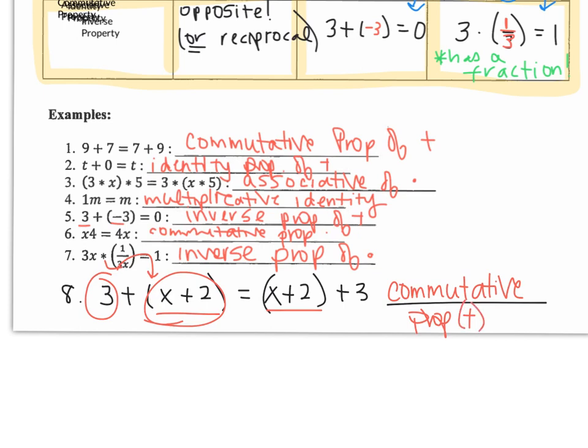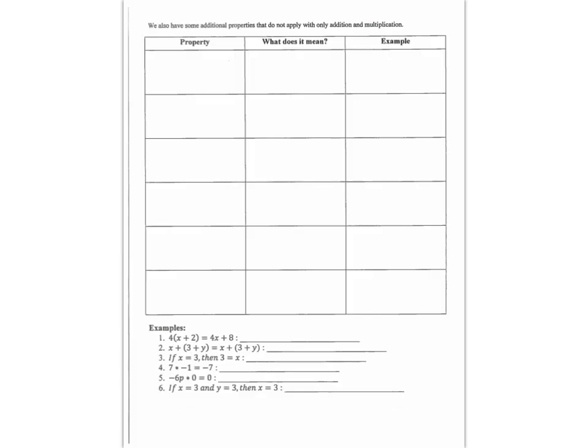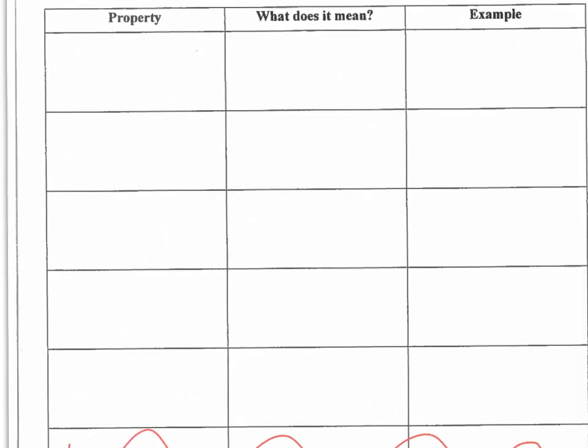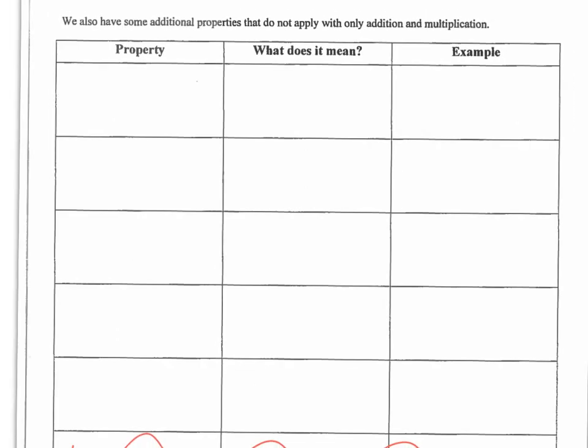Go ahead and flip your paper. So with this one, you can go ahead and cross out this bottom one. We're not going to use that. Okay? And so we're going to look up at these ones. And these properties don't only work with multiplication and addition separately, because they might have them both in them. So go ahead and highlight the border of your box for me, just like we did on the other side.